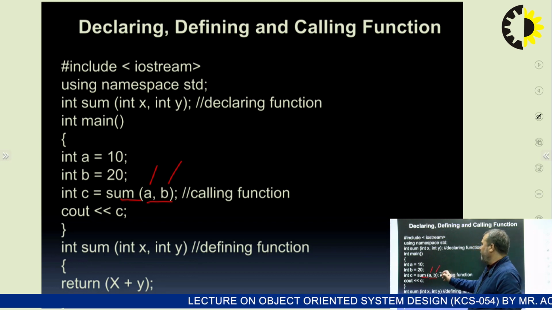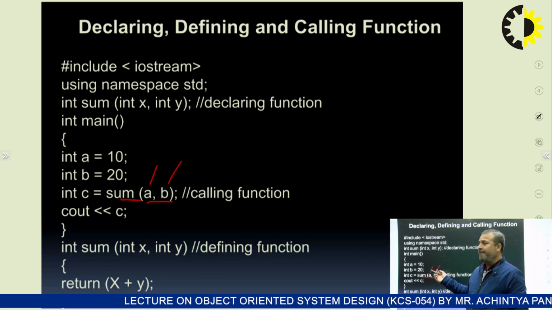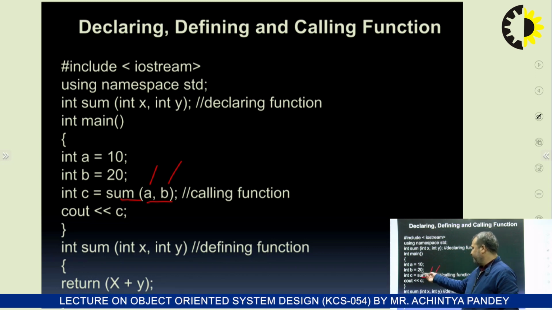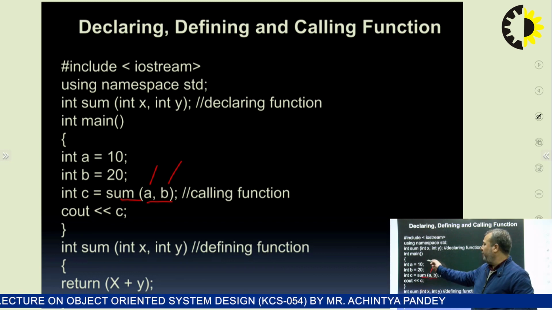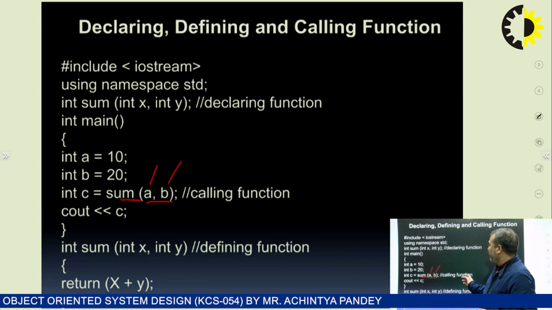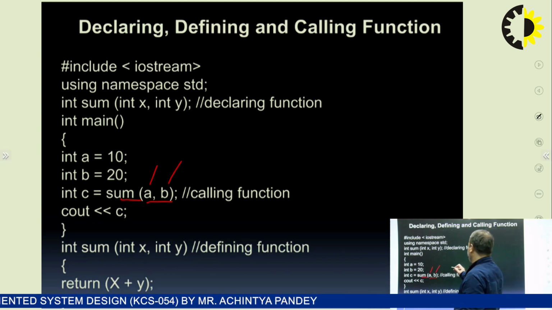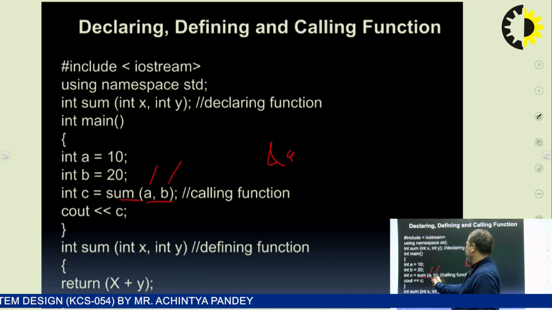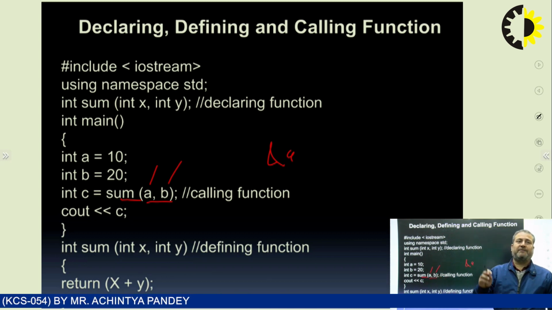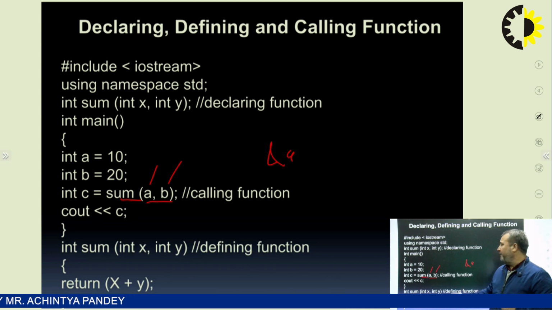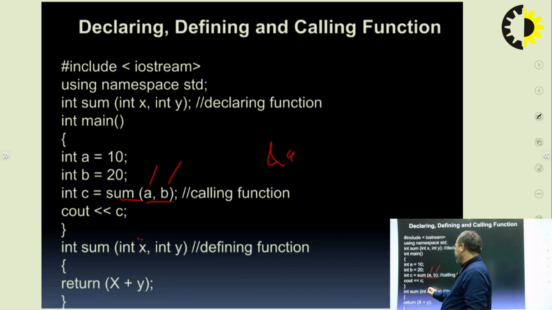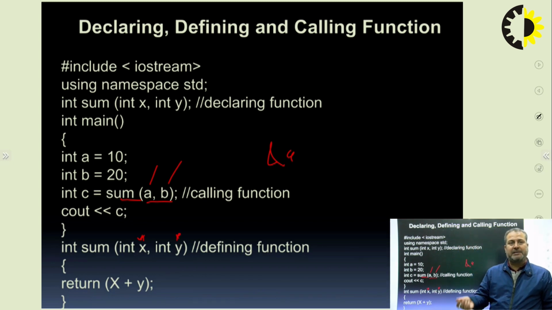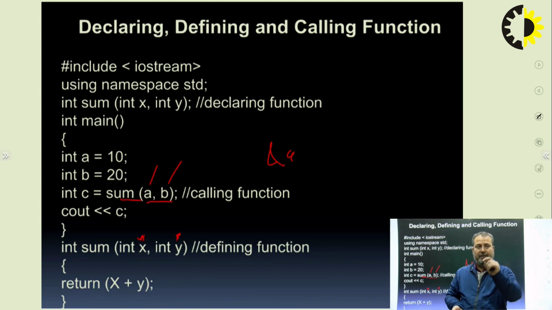If we pass the value, we can simply pass 10, 20 even, or we can pass the variable which has the same value. So this is called call by value. If we pass the address, for example the address of A, address of B, this comes under call by reference. When we pass the address, we have to explicitly write the pointer here.